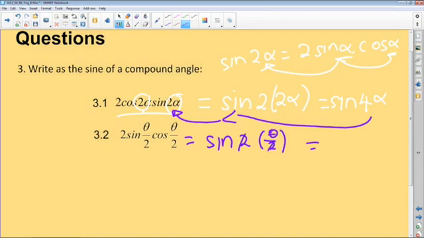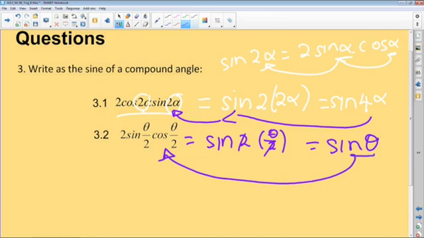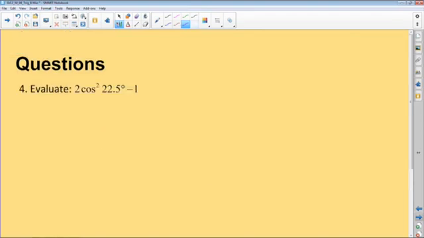Those 2's cancel, and I just get sine of theta. Again, importantly, we can rewrite and go this way. Sine of theta can be written as sine of 2 times theta over 2, and then you can write that as 2 sine theta over 2 cos theta over 2. So we can go both ways with these expansions, and it's important that you remember that.